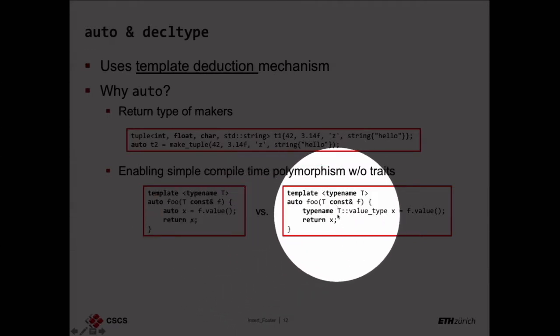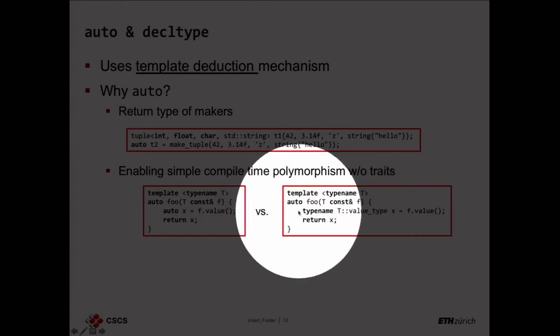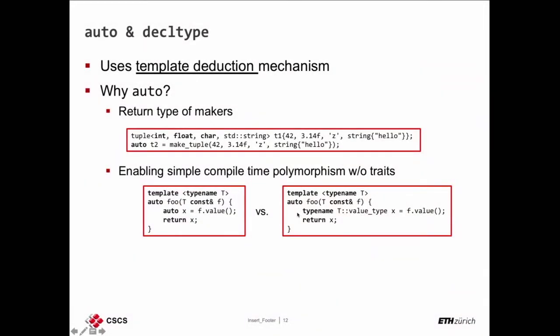And actually, you should write T::value_type here too. But by using auto, you just get this thing automatically working for you. Even if there are cases in which things can get complicated, usually the auto keyword is really very useful.